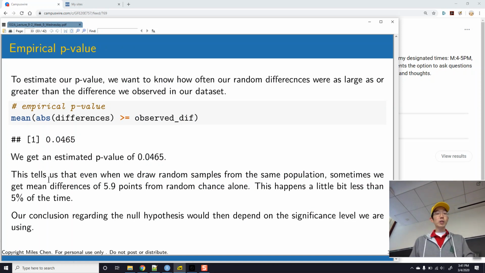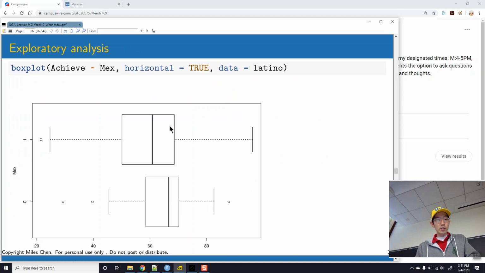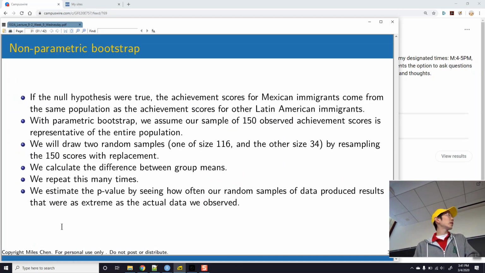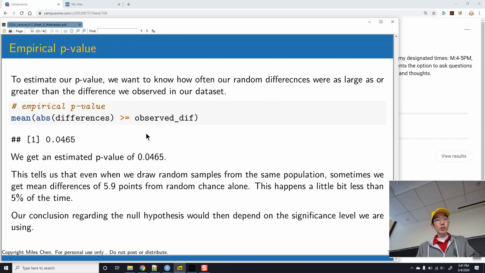And so the question is how many of those random differences end up greater than our observed difference? Our observed difference back here was established to be around 5.9, 5.92. So let's take the absolute value of those differences.